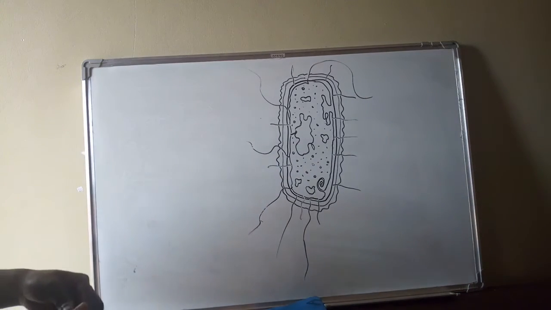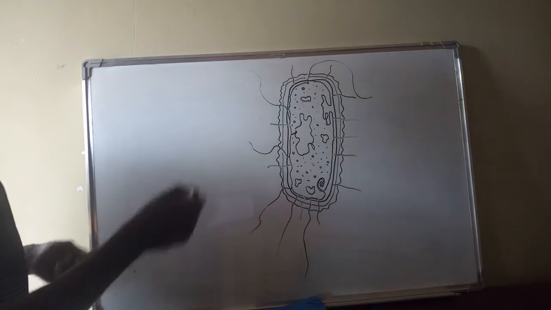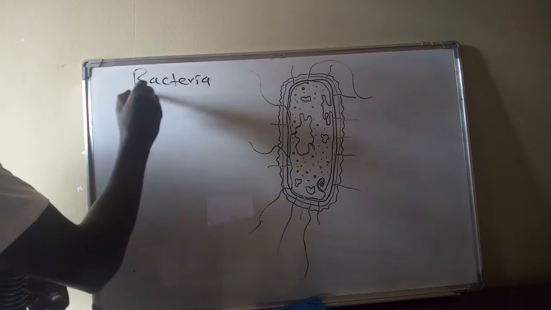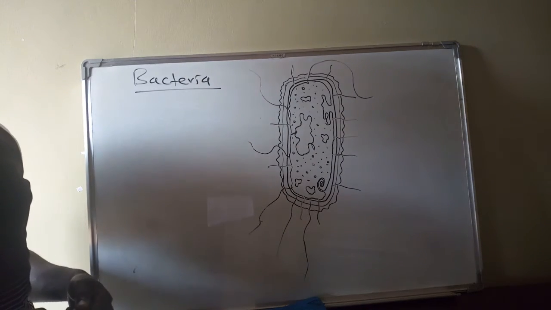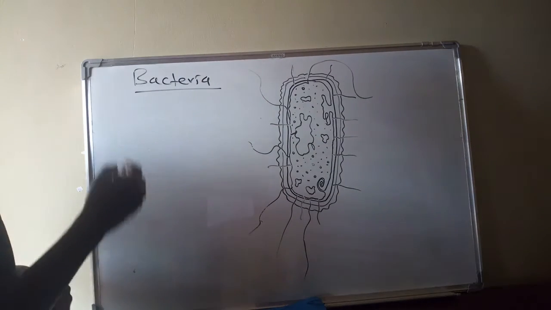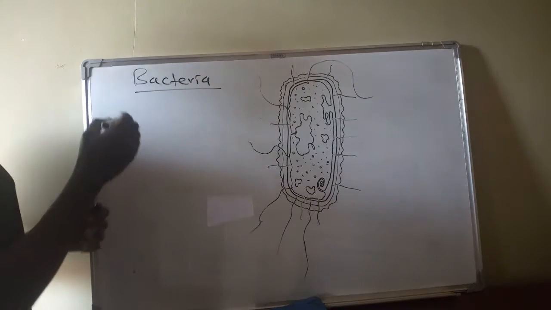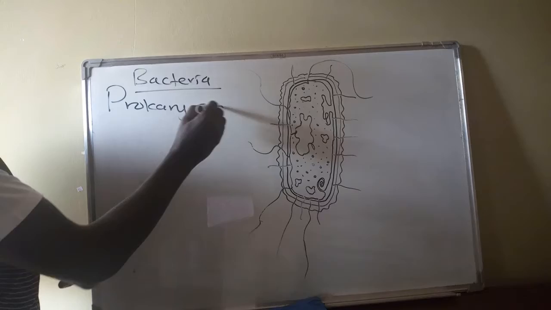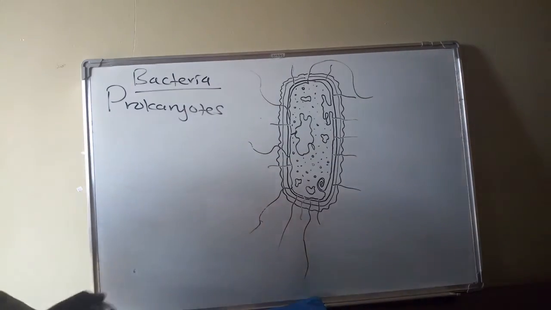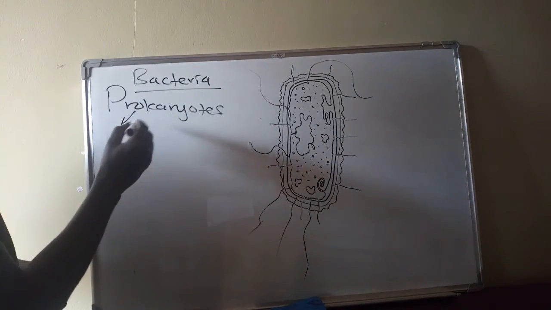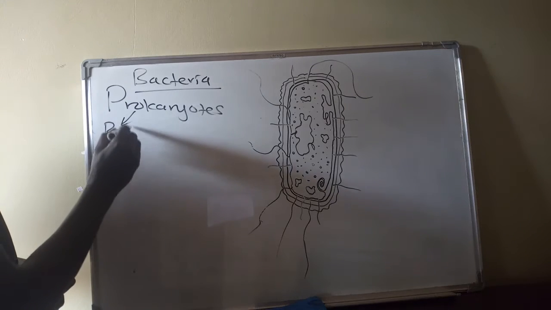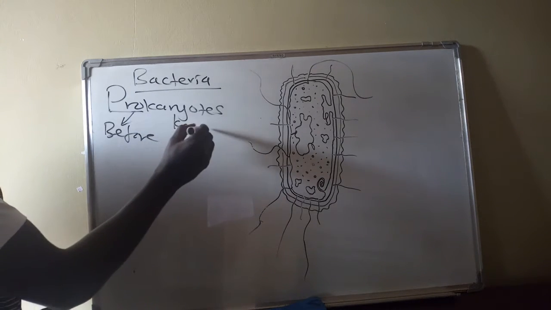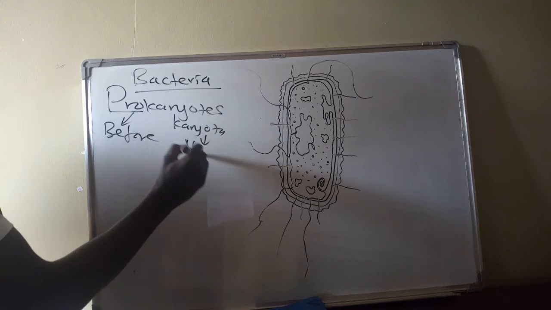Today we are looking at a group of organisms called the bacteria. Bacteria fall under a group of organisms called prokaryotes. This comes from two Greek words, pro meaning before, and karyota meaning nucleus.